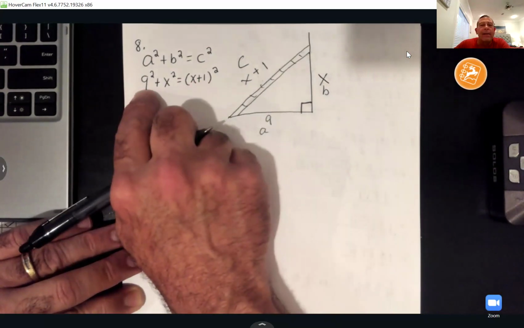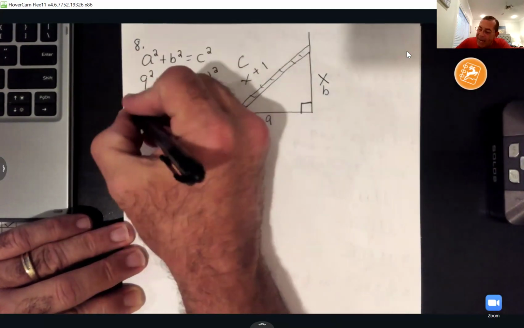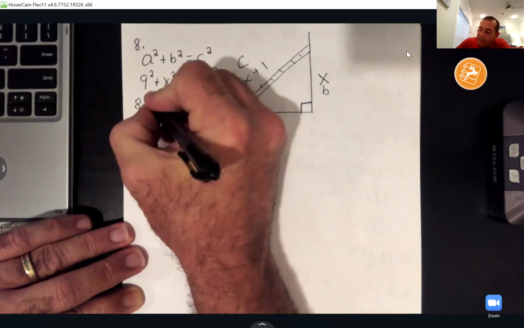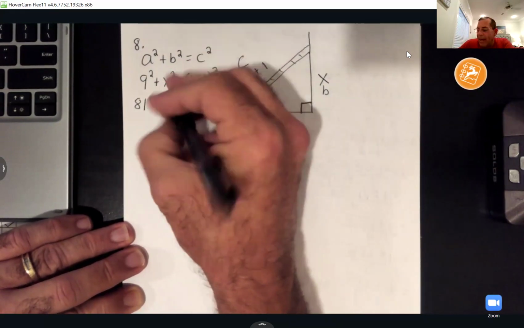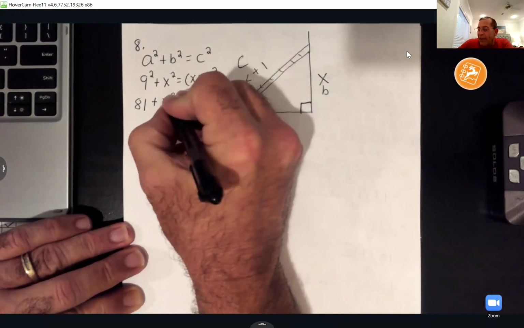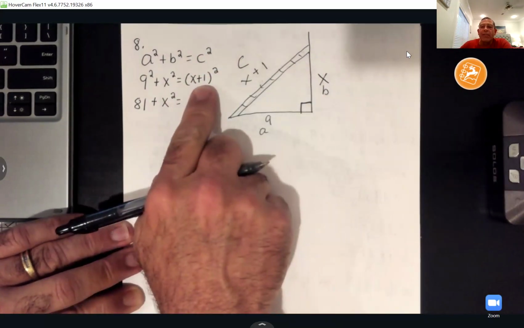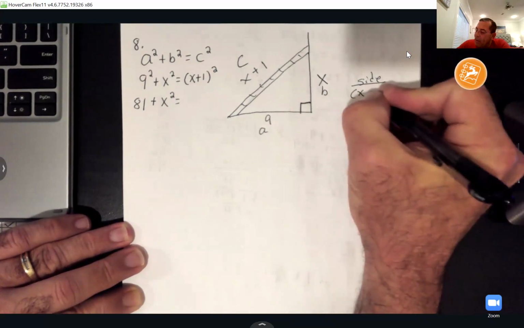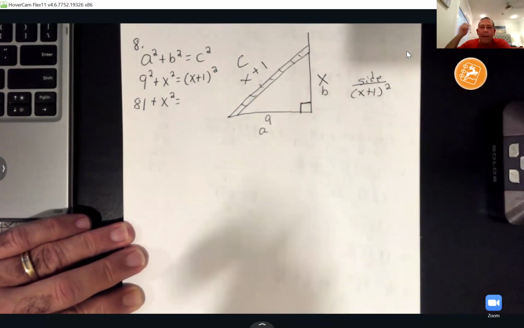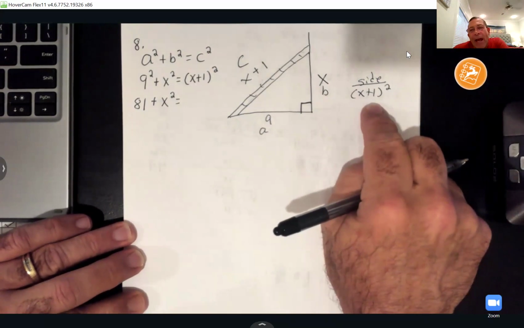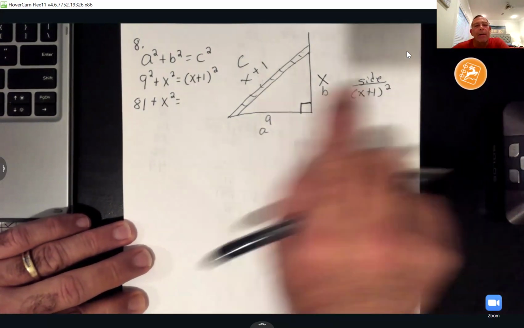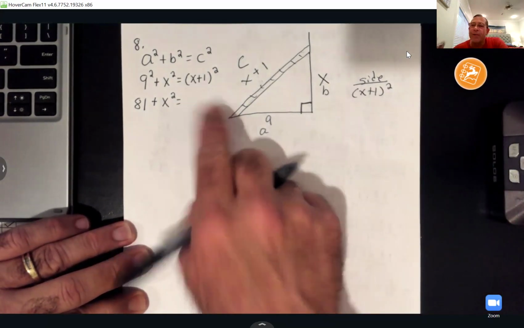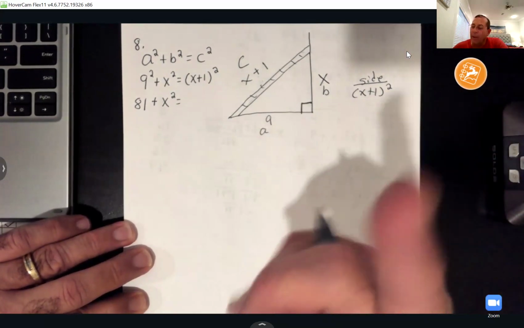So 9 squared, that's 9 times 9 is 81. We can't do nothing with the x squared, so we would bring that down. But y'all, the x plus 1 squared, I'm going to FOIL that on the side. Now, whatever I get here for x plus 1 squared, y'all are going to get the same thing for y'all's x plus 1 squared.